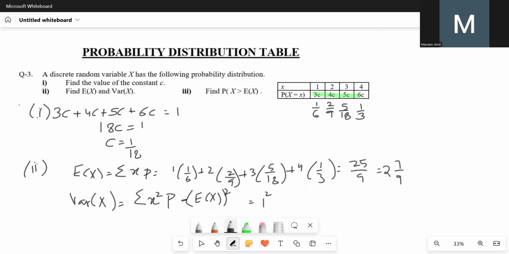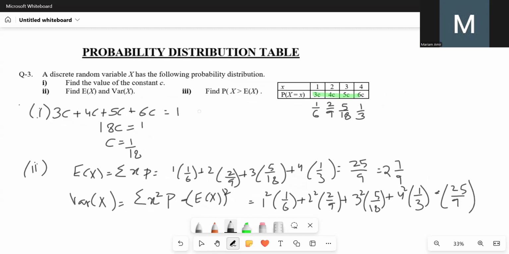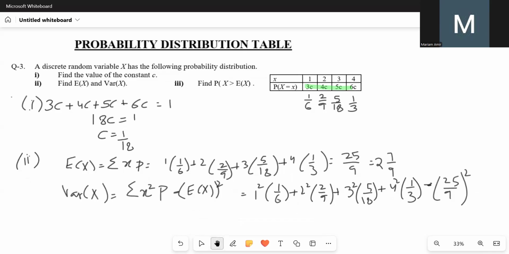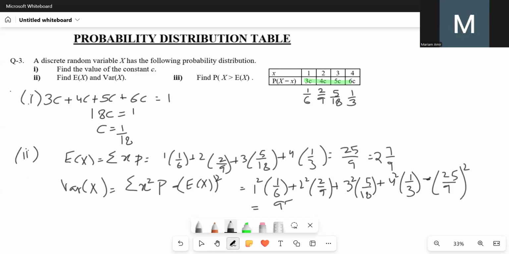We'll have 1 square times 1 by 6 plus 2 square times 2 by 9 plus 3 squared times 5 by 18 plus 4 squared times 1 by 3 minus mean that was calculated just before this, mean squared. Okay, this will give us 95 over 81. And preferably, we write this as a mixed number as well, 1 whole 14 over 81.